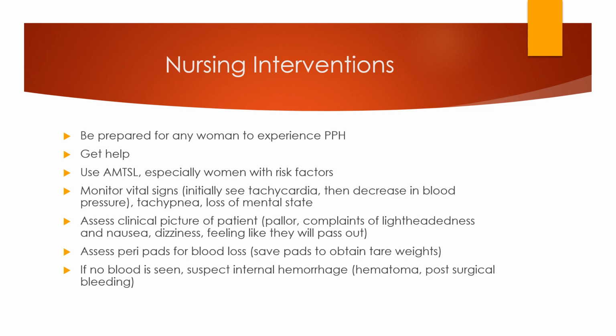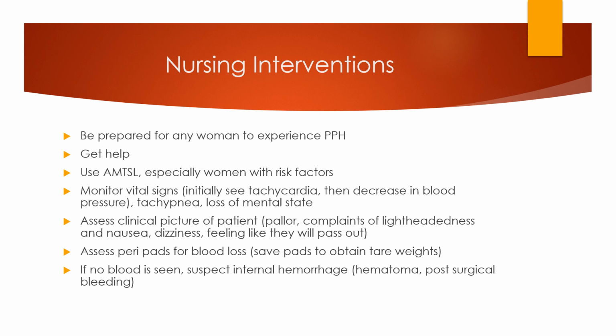The main thing is you've got to get fluids in them. While you're waiting for blood, if they're exsanguinating, you've got to hang fluids wide open. If you have to use a pressure bag to get fluids in them, do it, because you want to temporarily maintain their volume until you can get that blood there. And I've been in these situations before. It's very scary. That's why it's imperative that you get help in the room. Start having people do these things.